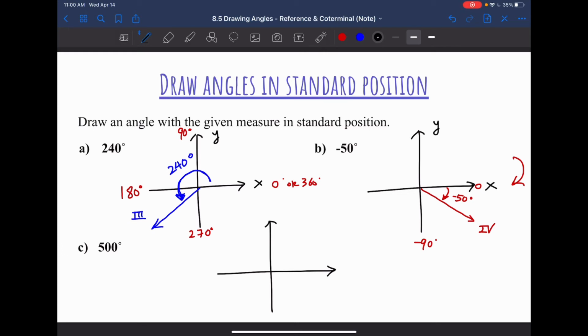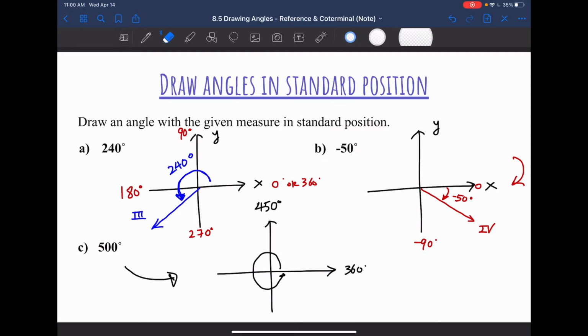Let's do 500. 500 can be a little bit tough. I know an entire full rotation is 360 degrees. Still smaller than 500. So 360 plus 90 is 450, right?